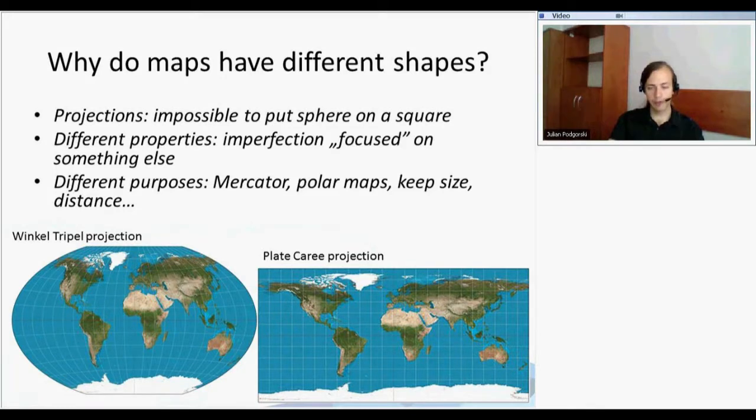So people have invented very many different mathematical ways of depicting the surface of the sphere on the surface of a flat paper. And the consequence is that there is always some kind of imperfection on a flat map. So there is always a feature of land, of terrain, that is distorted on a map. And depending on what kind of thing we need to be perfectly okay, we choose different projections.